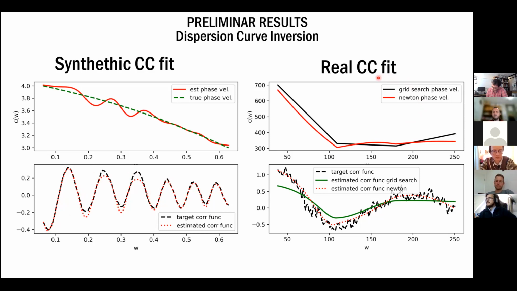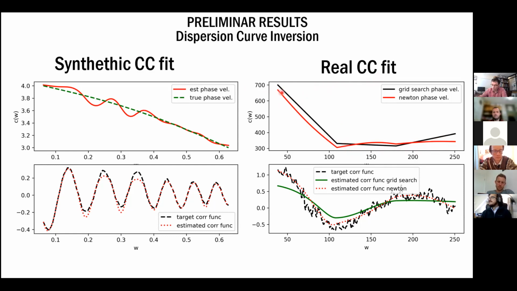Then we also did this with the real cross coherence data from the survey we did at the condominium. Here I show in the black line the grid search phase velocity, and this is our initial solution, and the red line is the Newton phase velocity solution. We can see that obviously the grid search solution is composed of linear functions, and it's not smooth.